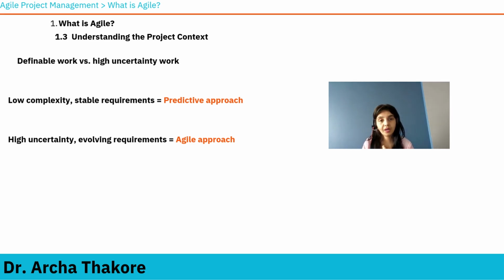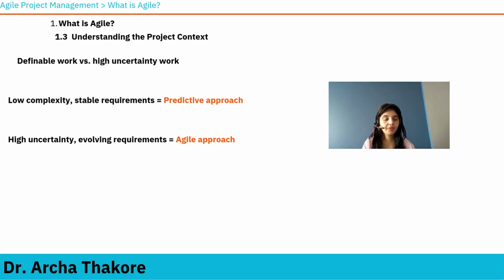Understanding the project context. Understanding the nature of the project is very important to decide which approach is better. So, in a project where complexity is low, you know what needs to be done, requirements are stable, then a predictive approach is more desirable and recommended. However, in a project where there is high uncertainty, for example, you need to develop a drug.